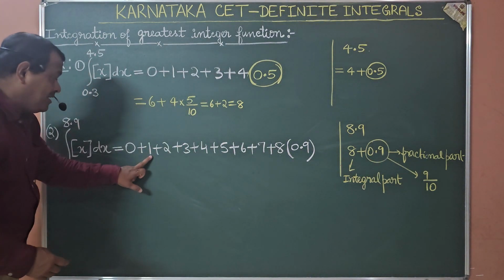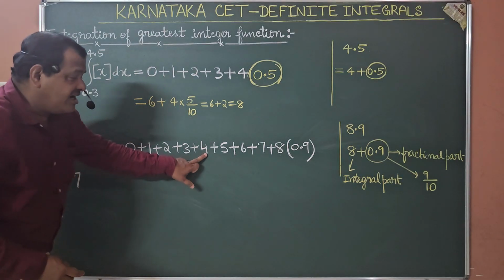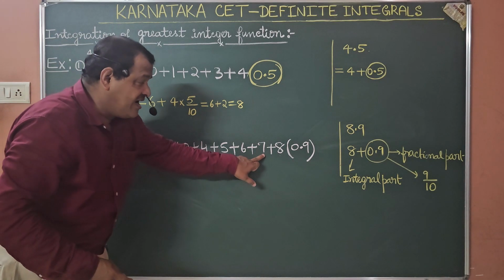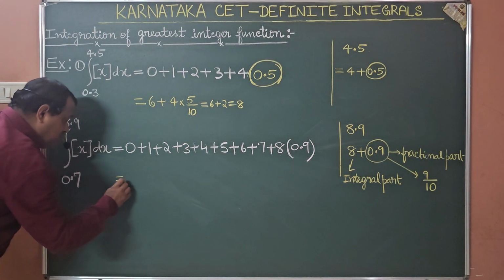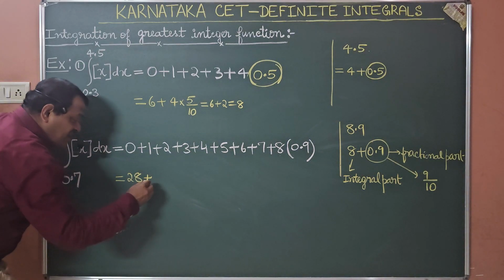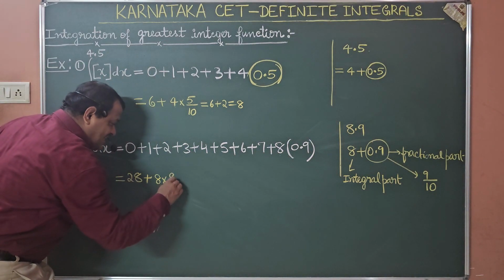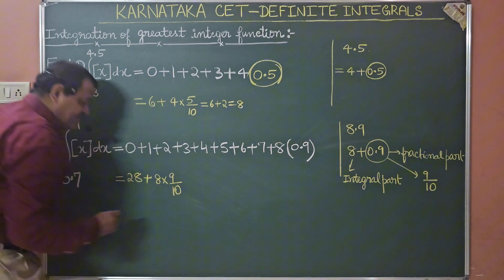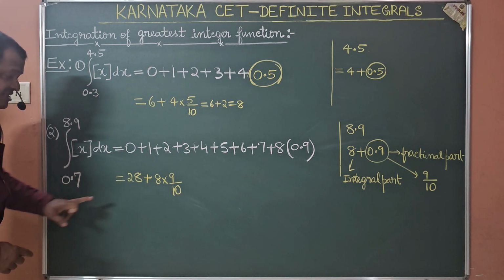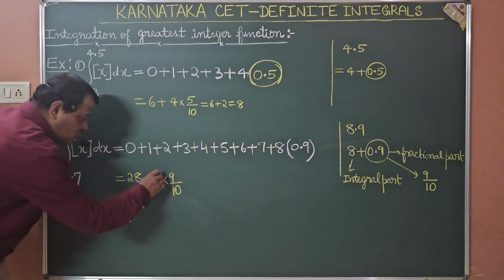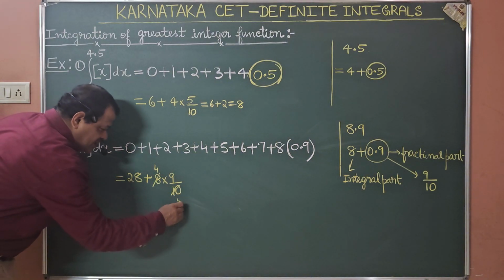Now look at the sum. It is 3, here 6, 10, 15, 21 and 28. So it is 28 plus 8 into 0.9. As I said, I will write 9 by 10. And this we can simplify. Here 2 goes 4 times, 2 goes here 5 times.